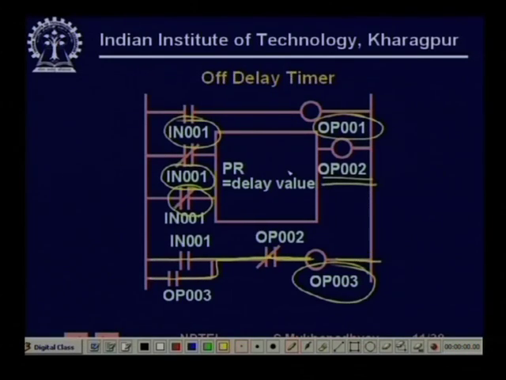Now, when it becomes 0, immediately the timer will start timing, and after some time this will go high, become on. When this becomes on, this becomes off, and OP003 falls down. So, there is a delay in getting OP003 off. This is a very simple realization of the off delay timer, again using the basic timer construct that we have seen.